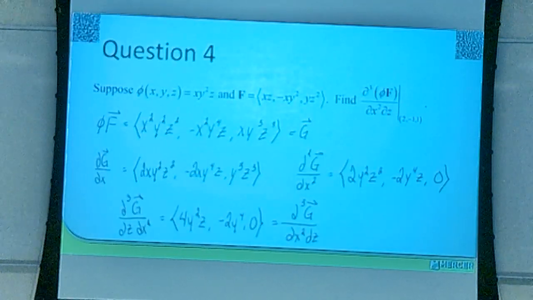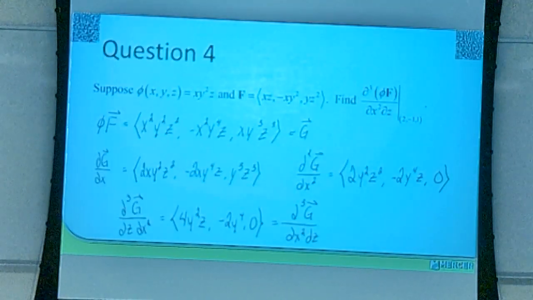But they want us to evaluate that now, right? They wanted that at 2, negative 1, 1. Well, look, there's no x's, so that 2 doesn't matter. Negative 1 squared is 1, times 1 is 1, so that's just 4.